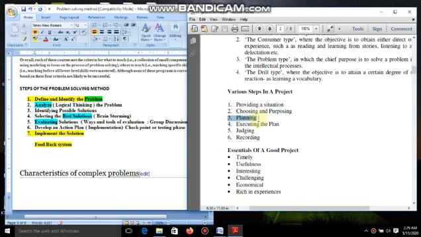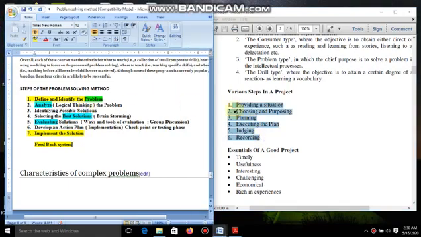Most of the time when we evaluate examination papers, we find that many students write mixing these two approaches, problem solving method as project method and project method as problem solving. That is the conflict in the real understanding of these two methods of teaching.